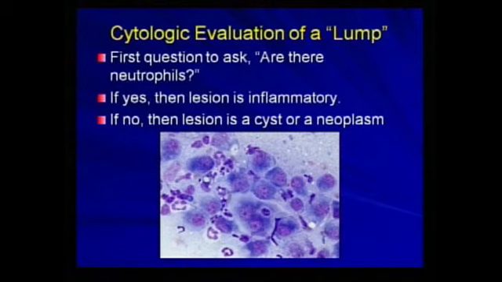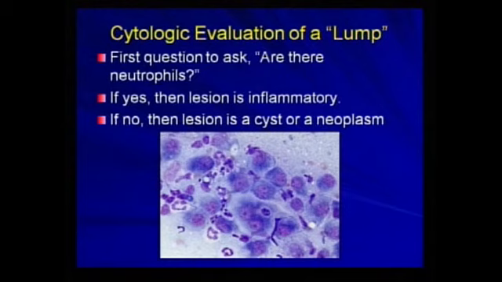There is one particular neoplasm that generates a lot of neutrophils, and that we'll see later on, that's a squamous cell carcinoma. The reason it does that is it produces keratin. The body does not like keratin. And if it's not outside of the body, as it is in fingernails and hair and hooves, it's inside the body, it generates a profound neutrophilic response.